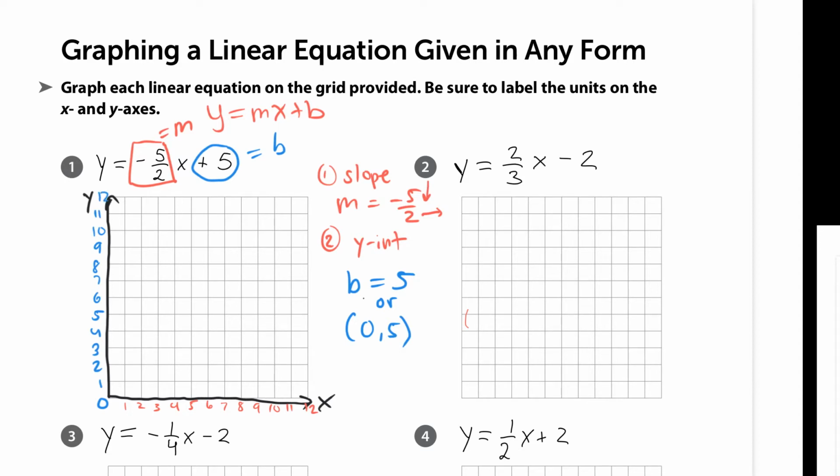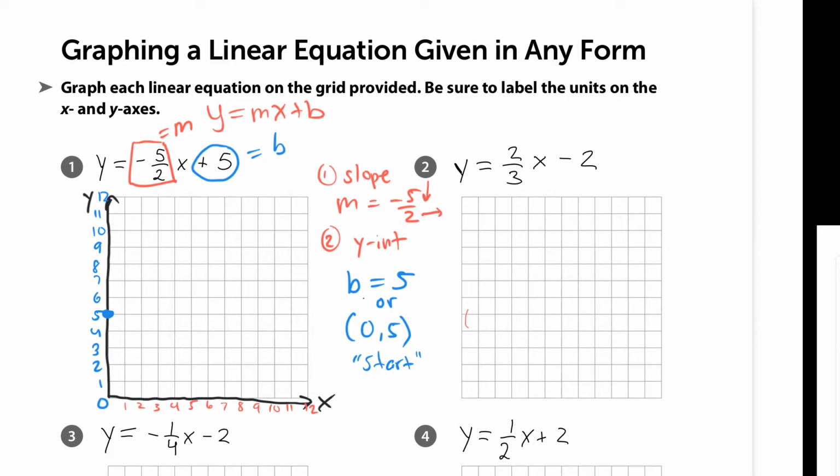So if I start off at 5, that'd be right there. So that's my starting value. Then your slope tells you where to go. My slope is -5/2. So I need to go down 5 and right 2.